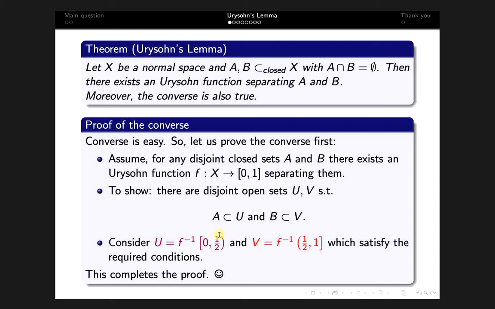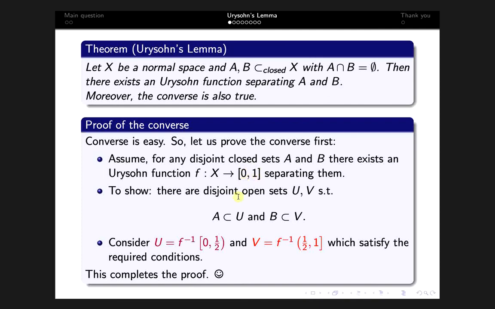So the proof is a one line proof. Just consider U equal to f inverse of [0, 1/2), and V equal to f inverse of (1/2, 1]. The interval [0, 1/2) is an open subset of the closed interval [0, 1] in the subspace topology.